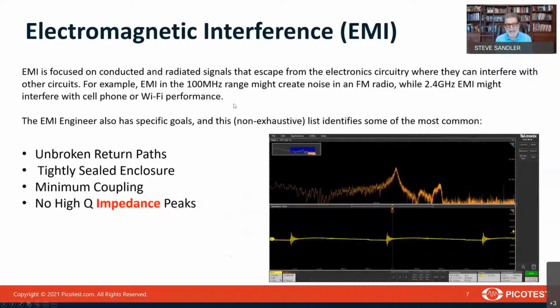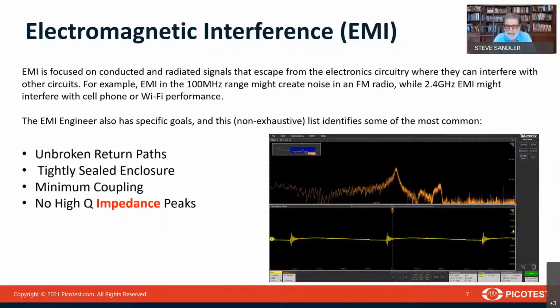And then there's electromagnetic interference, or EMI, and this is really a focus of conducted and radiated signals that escape from electronic circuitry. If you've taken my online classes, you'll see that this is also a bidirectional thing. On the one hand, we all worry about high-frequency noise escaping our electronics into the air where it can interfere with other things.